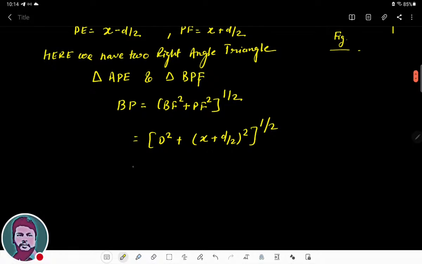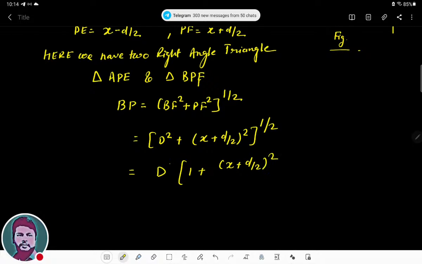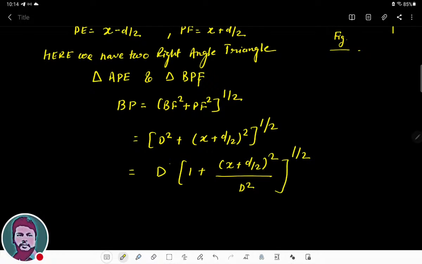Taking d square as common, that is d times 1 plus x plus d by 2 whole square upon d square, to the power 1 by 2.